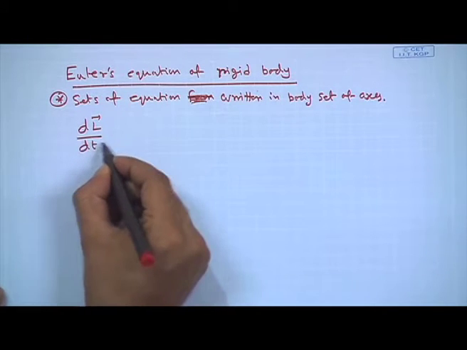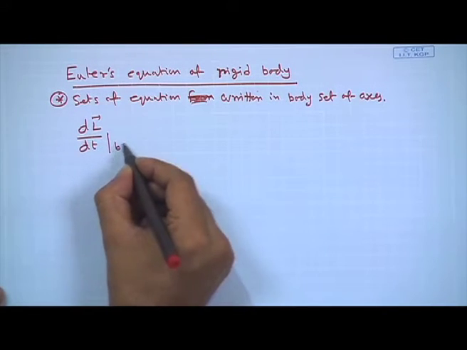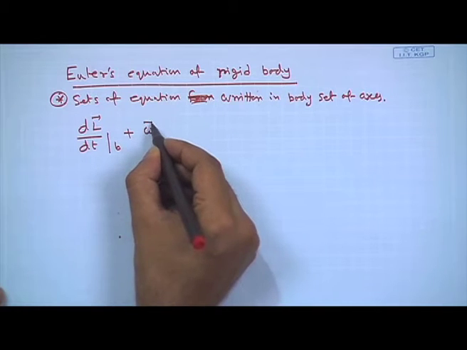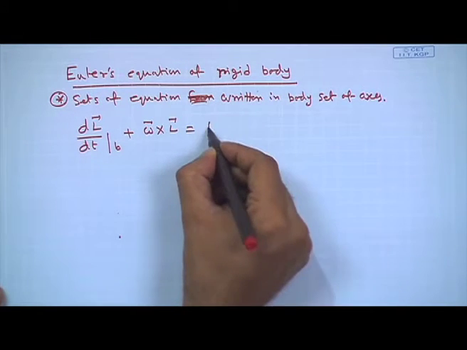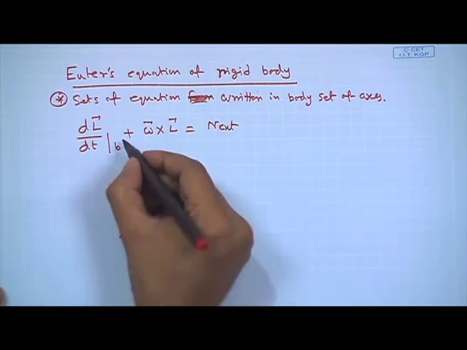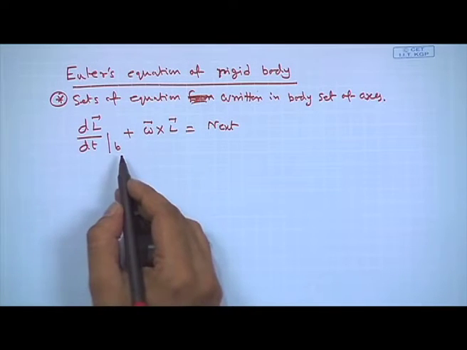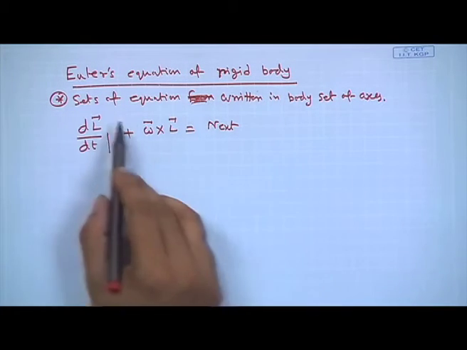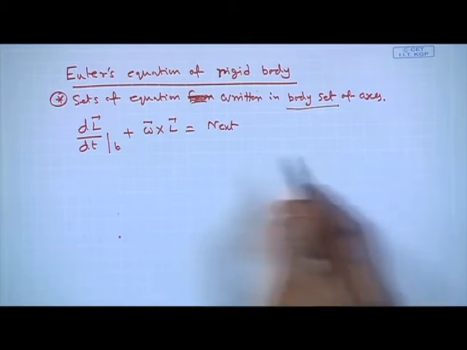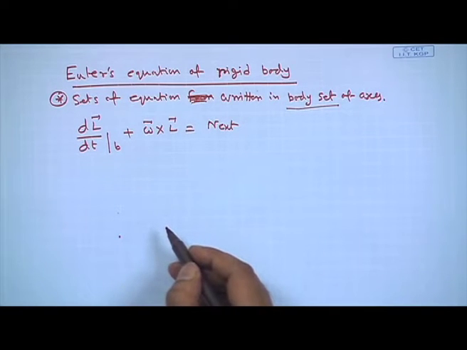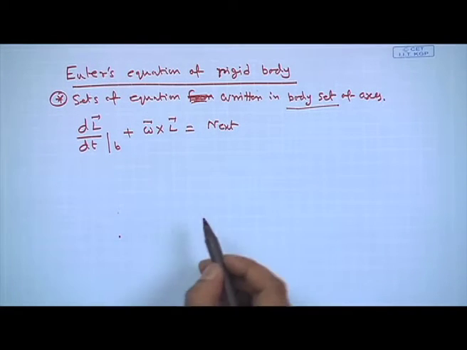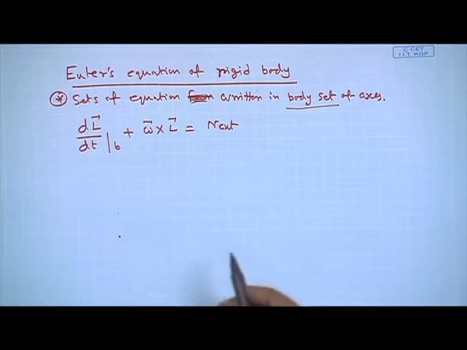So of course the master equation is dL/dt body plus omega cross L is equal to N external. Of course we can stop writing body because explicitly Euler's equation is in the body set, so we can simply try to reduce this in components.